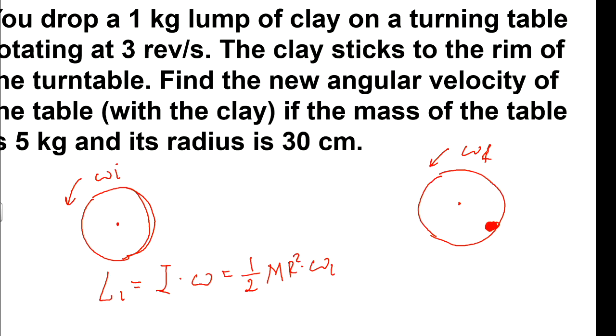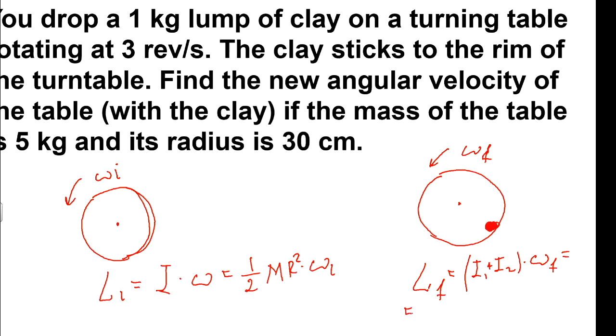So what do we do now? Final should be equal to, well, that's a completely inelastic collision, they travel together as one whole object. So we should write I1 plus I2 times omega final. That's it.